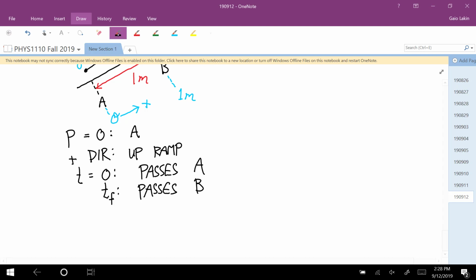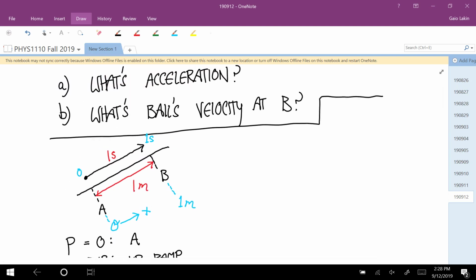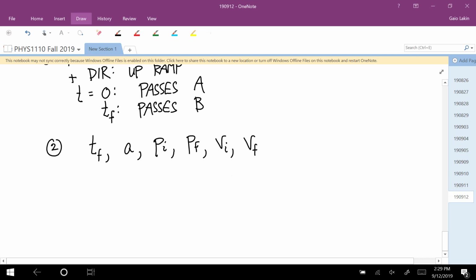So now we'll go through these variables. I'm going to call this step 1. And now step 2, I'm just going to go through this list like a checklist: time final, a, P initial, P final, V initial, and V final.